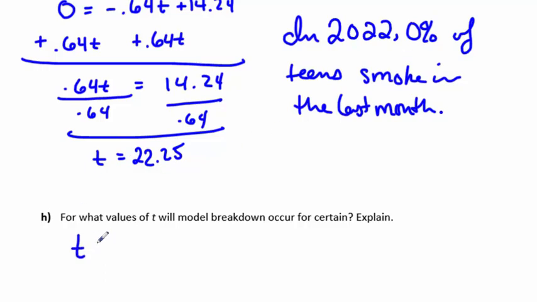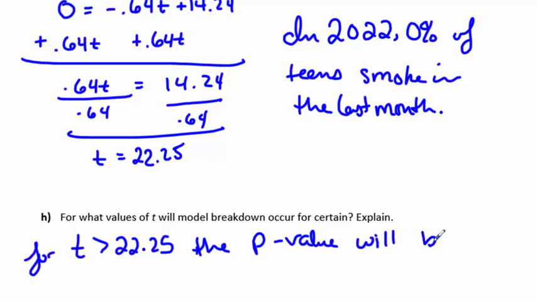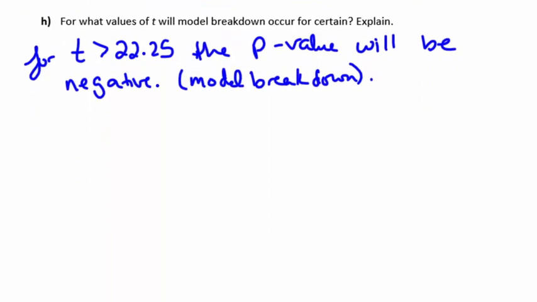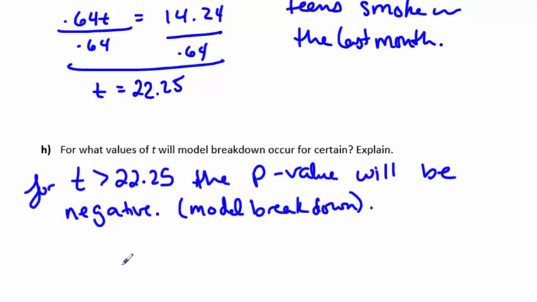So for t values greater than 22.25, the percent value will be negative. This doesn't make sense. This is model breakdown. And that's the end of the section.